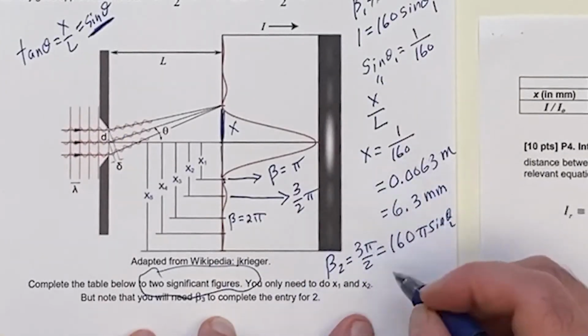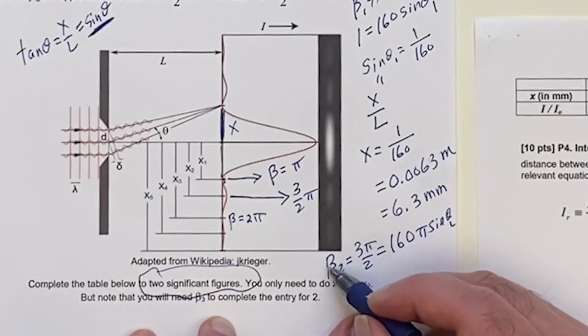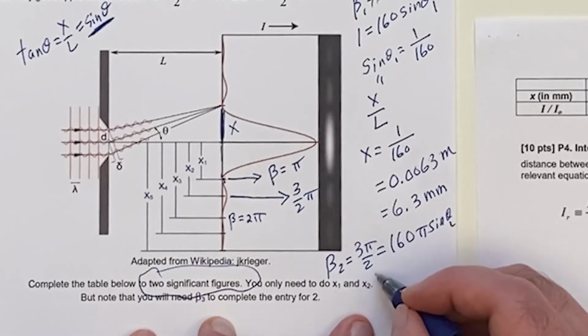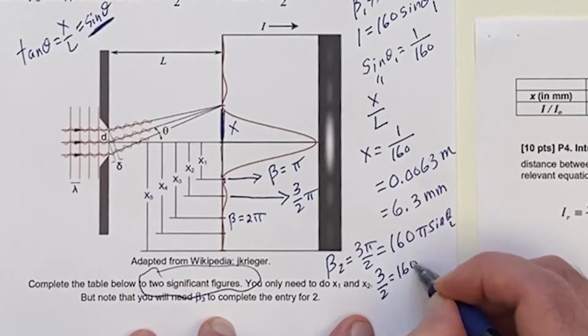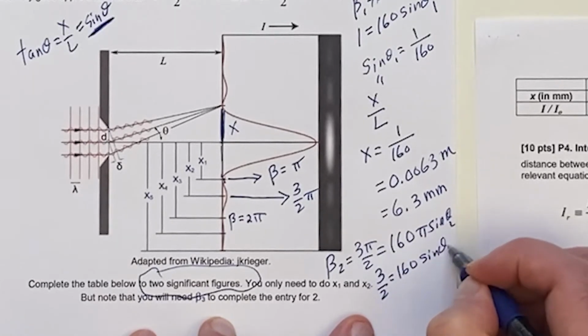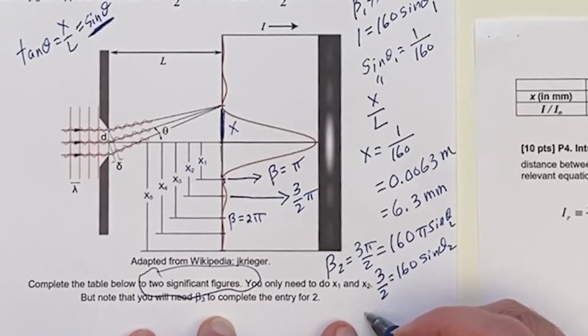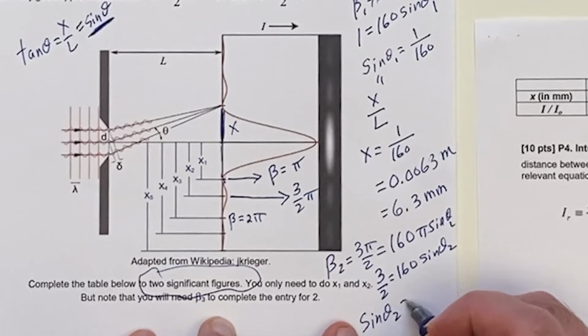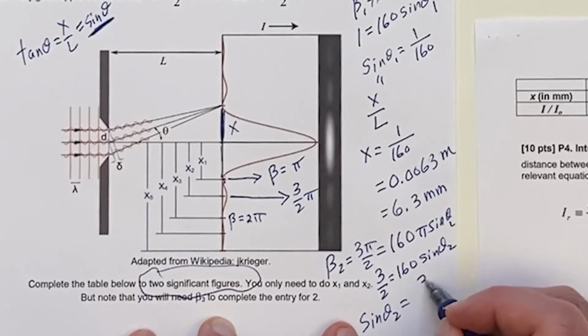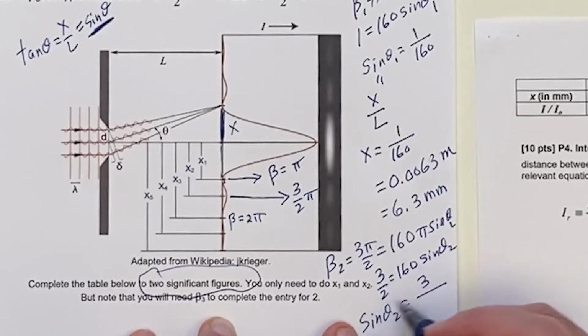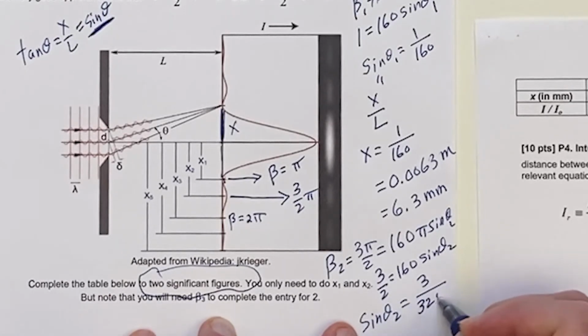It's not good to start crossing things out like that, especially when you have that beta there. That's not good. So let's go ahead and say 3/2 is 160 sine theta 2, and that means sine theta 2 would be 3 over 160 times 2, which is 320.